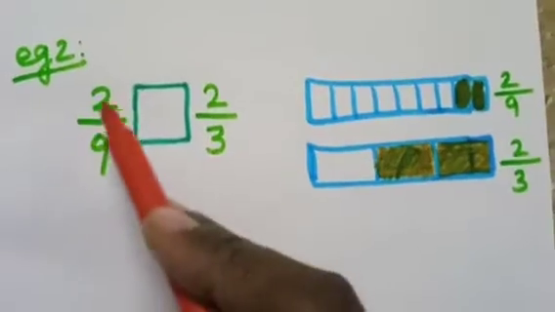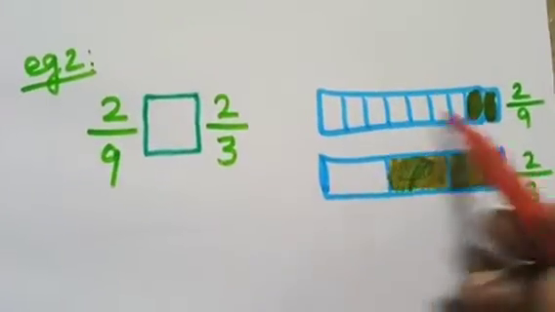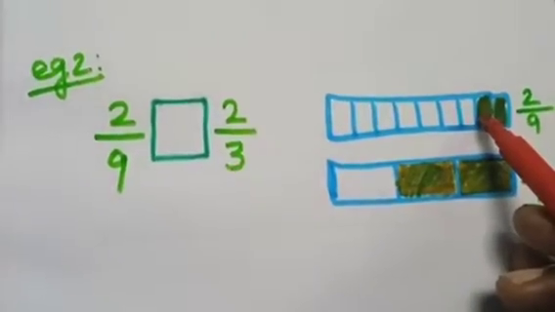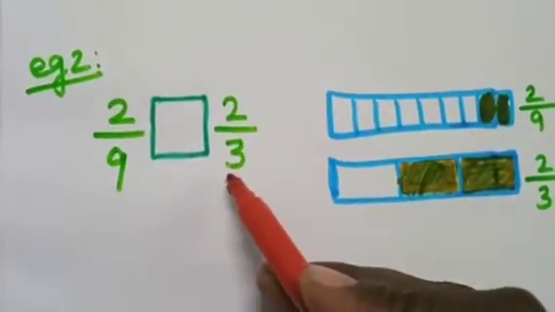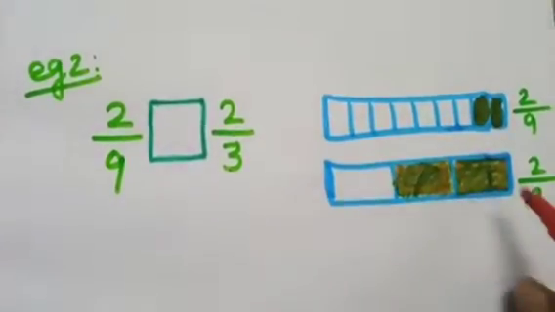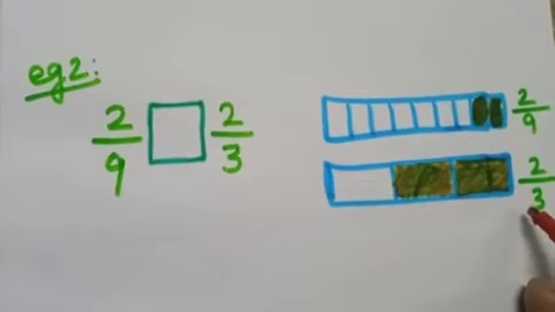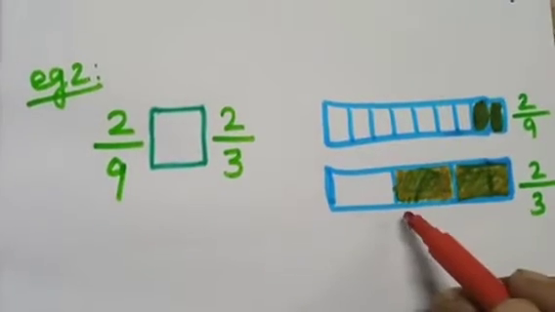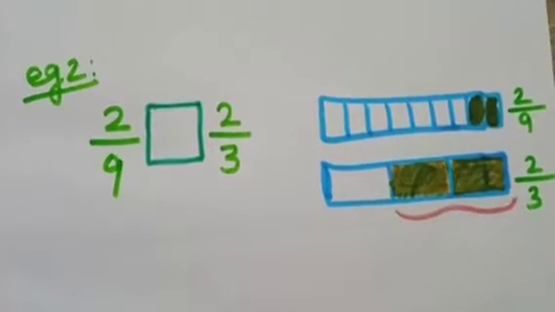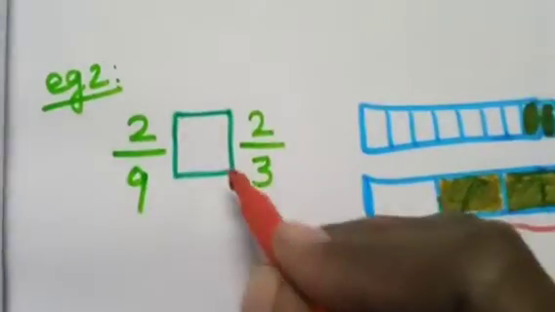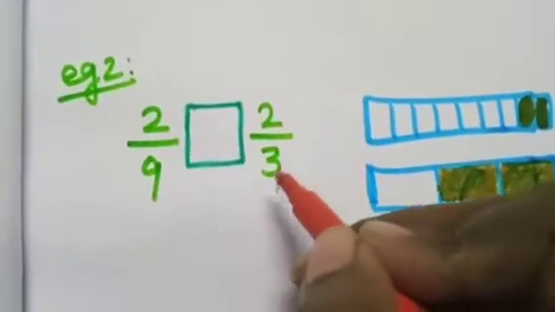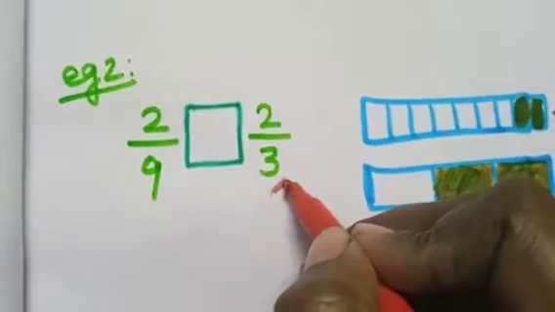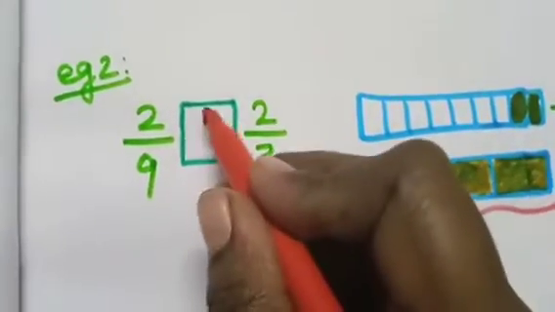First one is 2 by 9, so out of 9, 2 is shaded. Here out of 3, 2 is shaded. So which one is greater? 2 by 3, isn't it? So we already said that the fraction with the smaller denominator is greater.